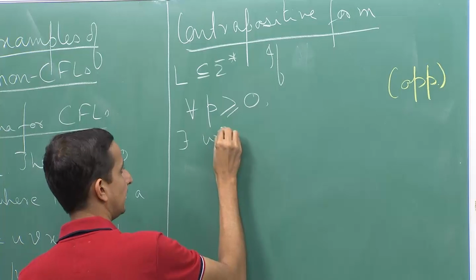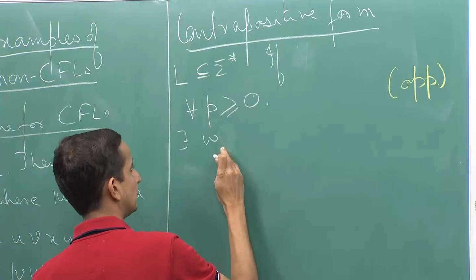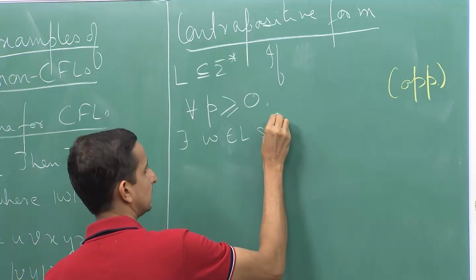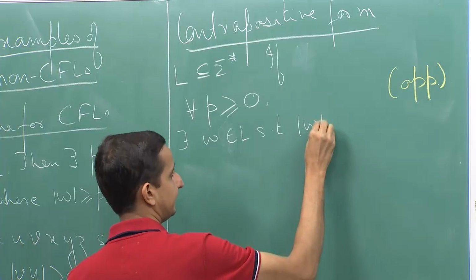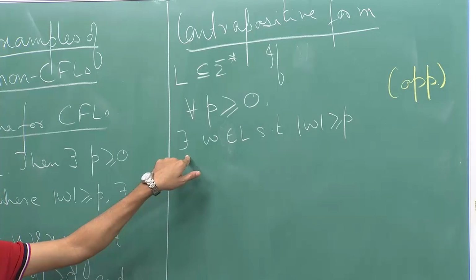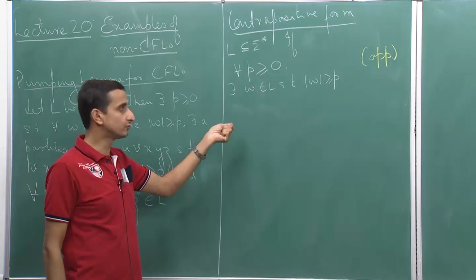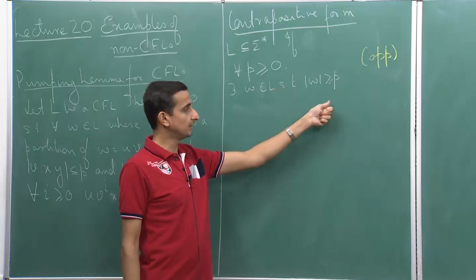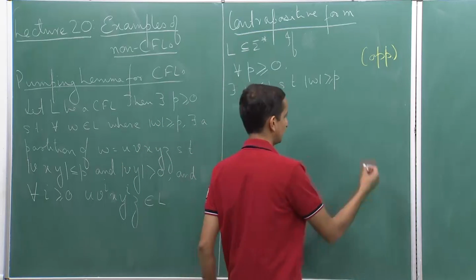There exists w in L such that length of w is at least p. So, here this is a there exists move. So, you can choose any w in the language L whose length is at least p. Okay.